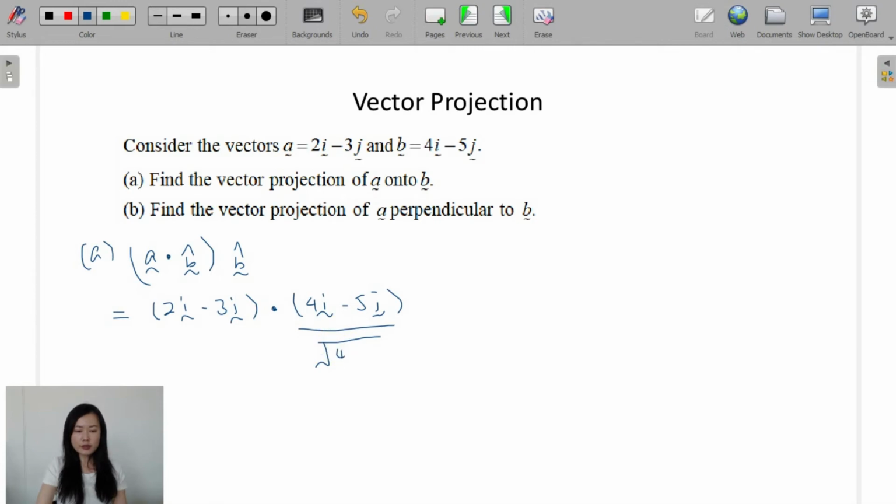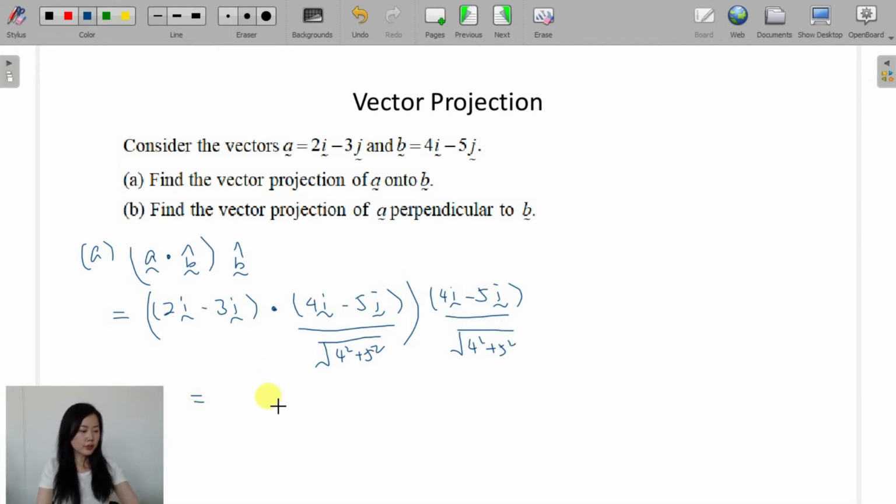The magnitude of that will be 4 squared plus 5 squared. And then all of that times the unit vector again. Okay, so calculating that.